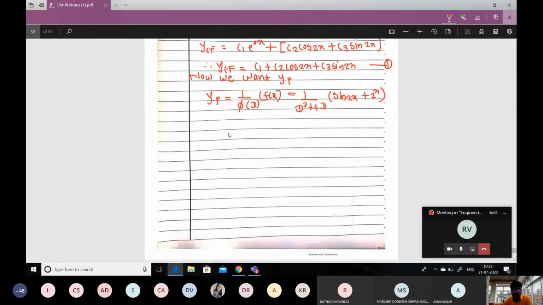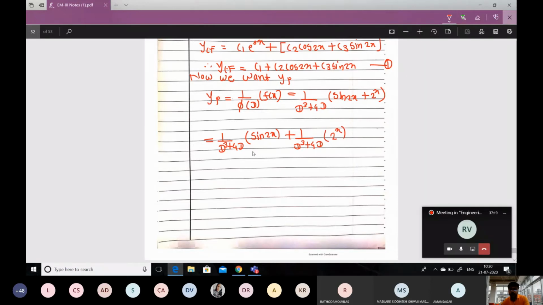now just separate the operator. Therefore, I can write this as 1 upon d cube plus 4 times d, sine 2x, operating on the first term, that is sine 2x, and next operating on the second term, that is 2 to the power x. So 1 upon d cube plus 4 times d, 2 to the power x.